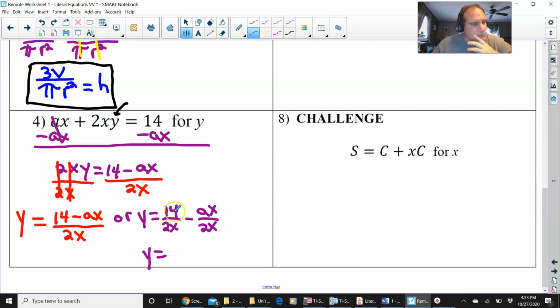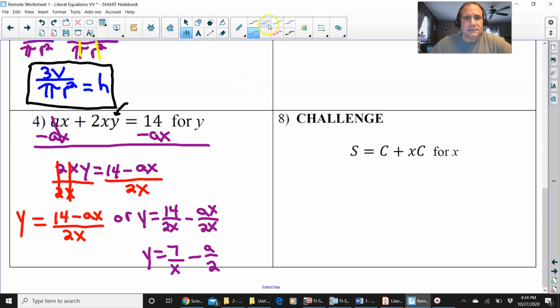So just take a look. 14 divided by 2 is 7. But the x remains on the bottom as your denominator. Minus a. Nothing you can do with that. A over 2. You see the x's?